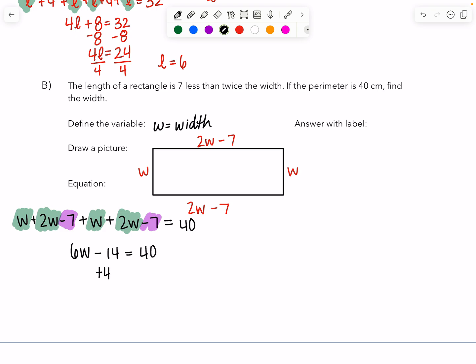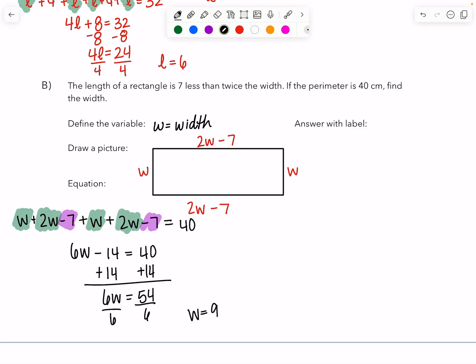Add 14 to both sides. So I get 6W equals 54. Divide both sides by 6. So W equals 9.